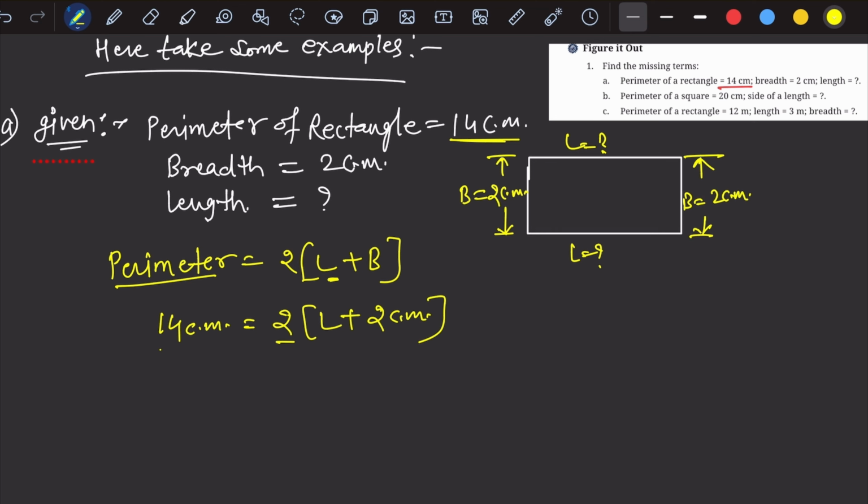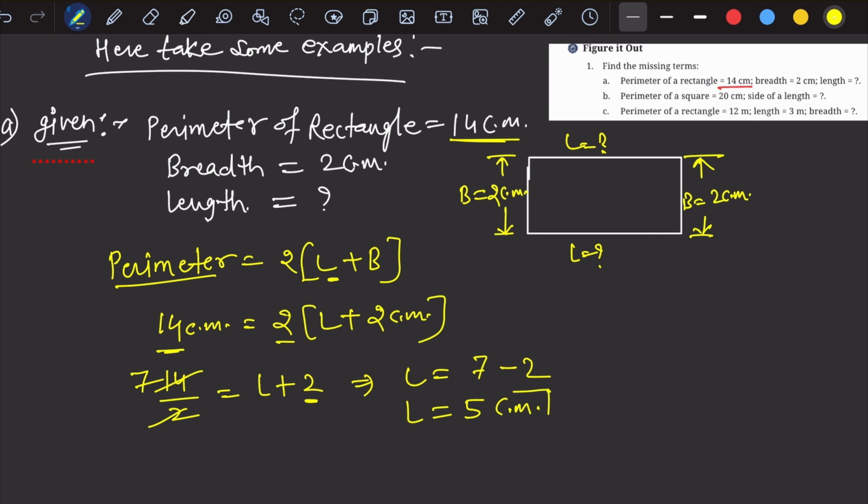This 2 will go to the other side and divide 14, so L plus 2 centimeter equals 7. Two sevens are 14, and L equals 7 minus 2. This 2 will go to that side. Okay, so the length will be 5 centimeter. This will be your first answer. So the A part is solved.